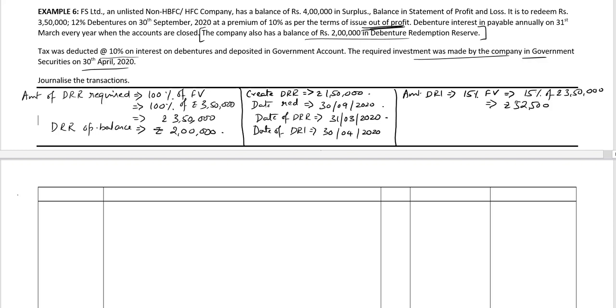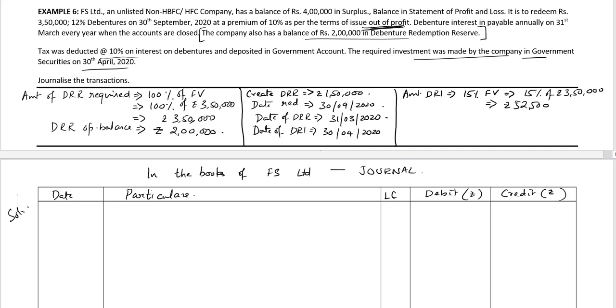Let's go ahead with the solution. In the books of FS Limited, journal, date, particulars, LF, debit rupees and credit rupees.